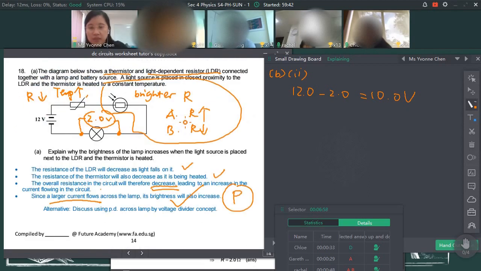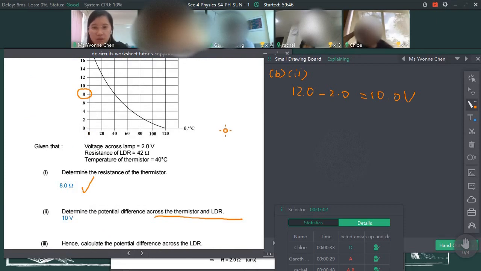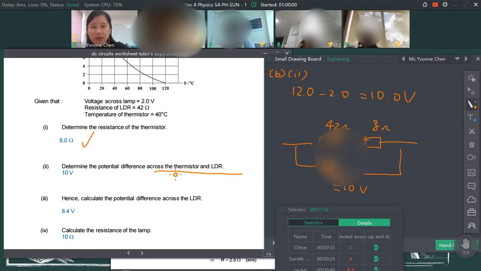So basically, we are given the information. One is 42 ohm. The other one is 8 ohm. And the total potential difference across is 10 volts, right? How can we find the potential difference across LDR?